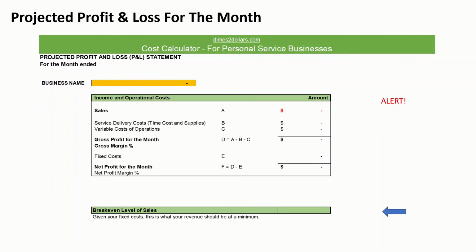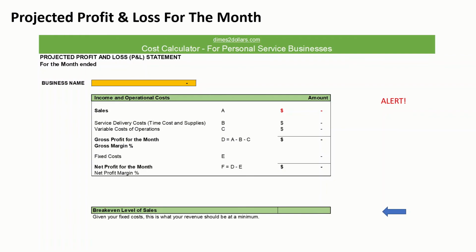Another cool feature we included in the file is the concept of break-even sales. Break-even sales, quite simply, are the basic minimum level of sales you need to hit, above which you start eking out a profit in your business. So if your sales, when you modeled your revenues, let's say, and you put in your price list and everything, are coming in lower than the break-even level of sales that this tells you, you're almost guaranteed to lose money in the business.